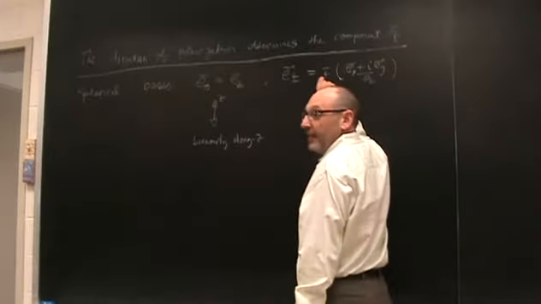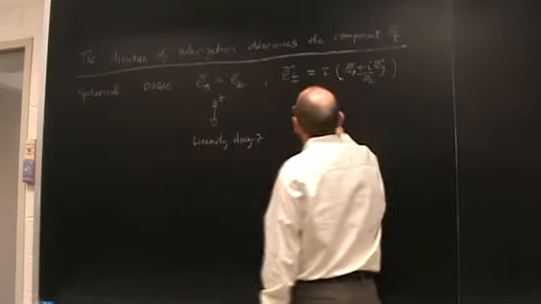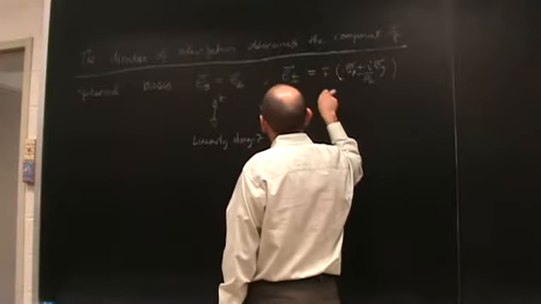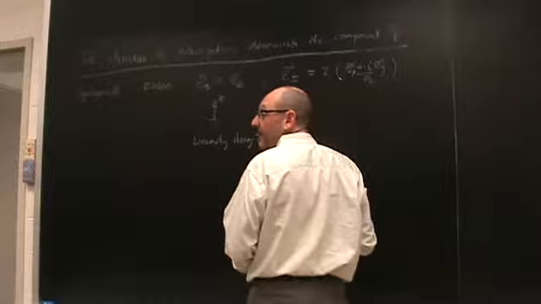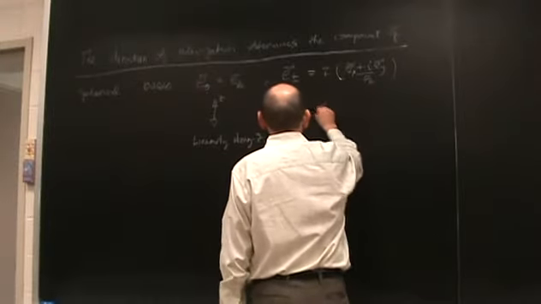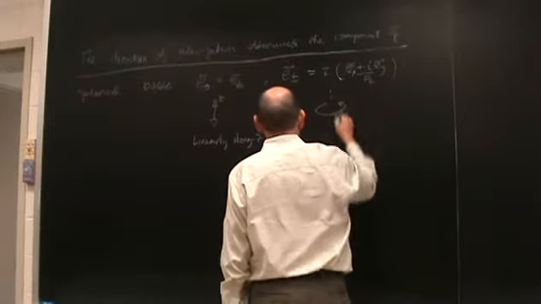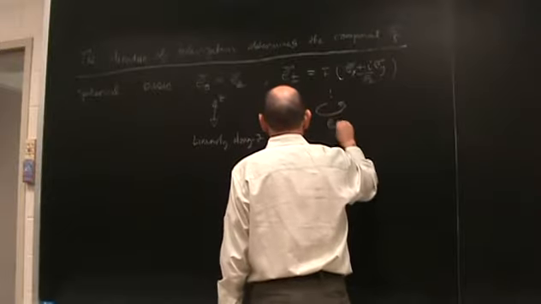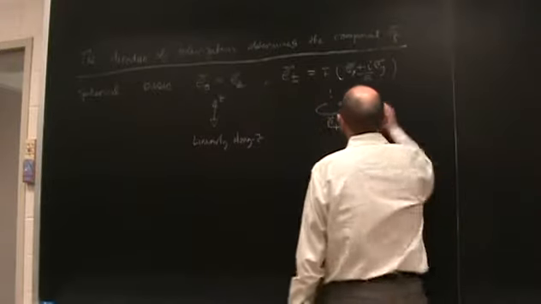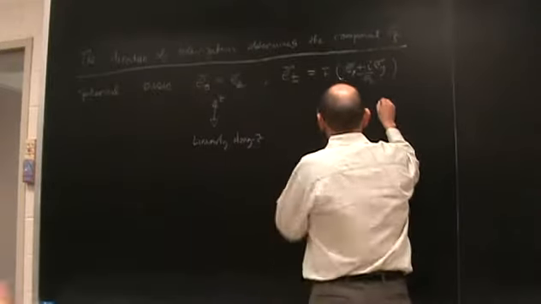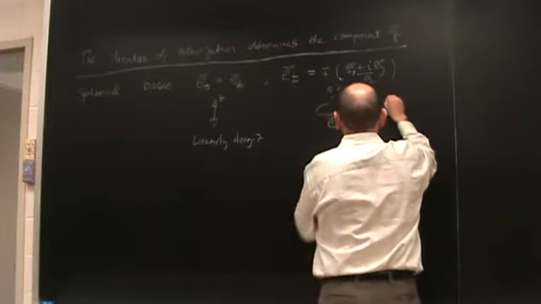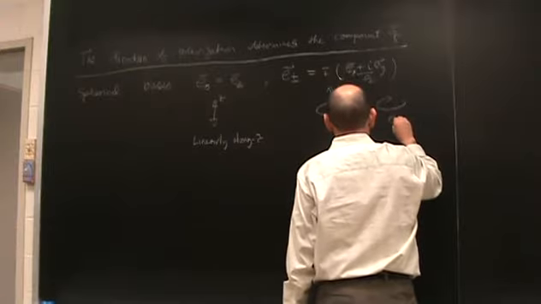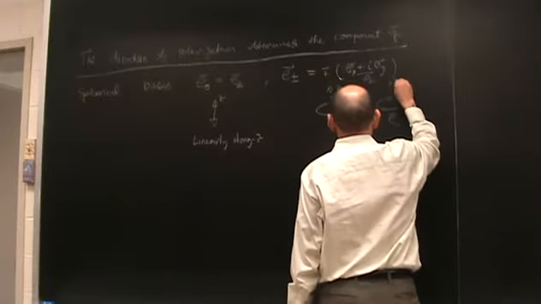If it's doing this, then it's oscillating either with right or left-handed helicity with respect to the z-axis. So this would correspond to E plus, this is the z-axis, and this would correspond to E minus with respect to the z-axis.